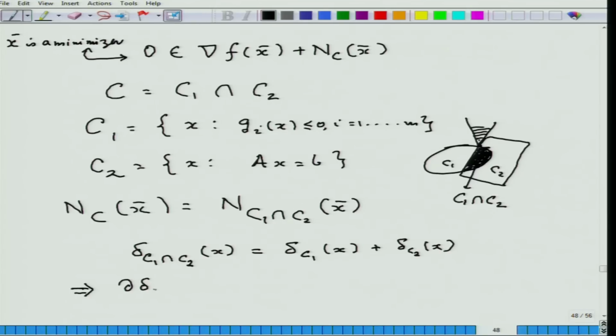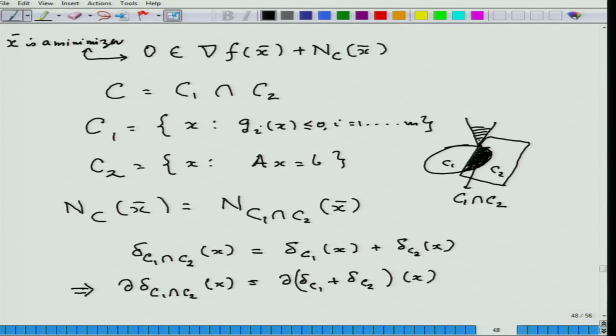the subdifferential. So, again these are proper lower semi continuous convex functions, and of course, I have not defined much about lower semi continuous convex functions, we will do it very soon in much more detail.